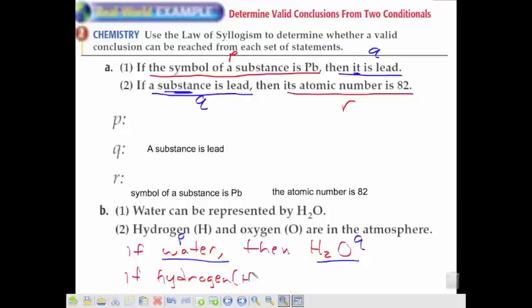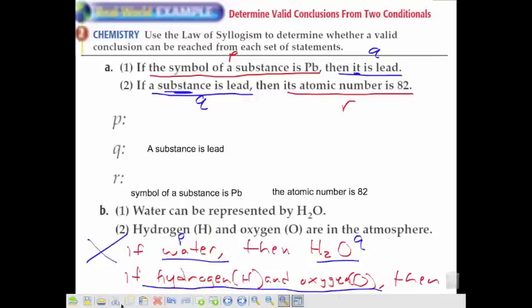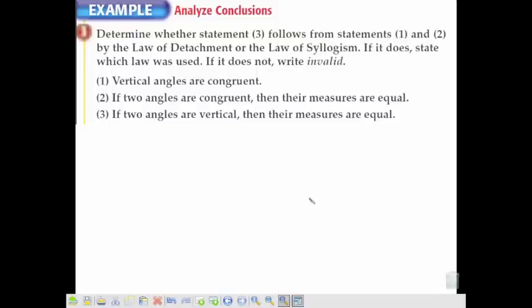It seems like we have the same parts, but they're not necessarily arranged in the same way. So this isn't really Q down here. This is something new. This is not saying the same thing, so we cannot use syllogism on this one.